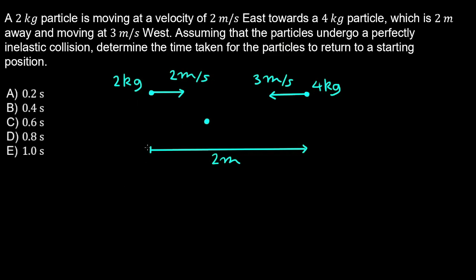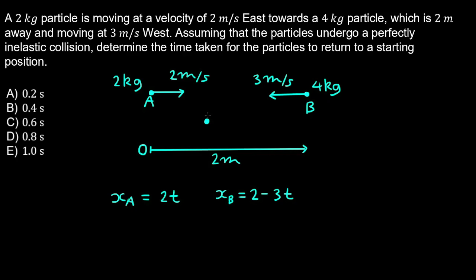Well, the position of the first particle relative to the origin that we choose, which we'll call particle A, is the initial position plus the initial velocity by time t. And particle B has a position xb, which is equal to the initial position at 2 meters minus the velocity by time.